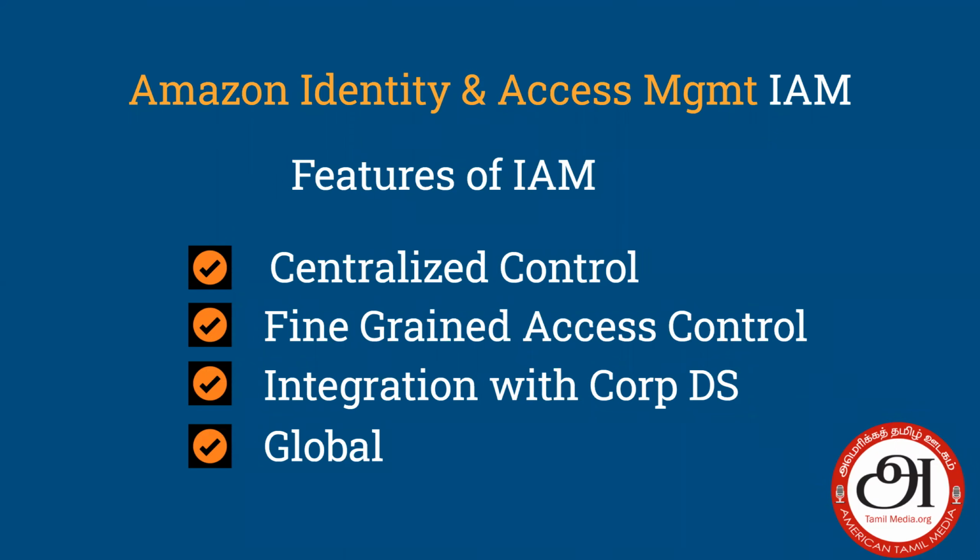Just a quick question. When you say integration with corporate Exchange or Active Directory, if it is on a different cloud platform, like Microsoft Azure, is that doable, integration between another cloud and AWS? Yes, it is still doable.